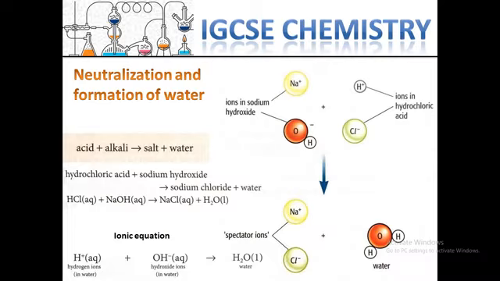Water is a result of a reaction between hydrogen ions, which can be produced from the acid, and hydroxide ions, which are a result of the alkali. I mean the basic reaction between acid and alkali gives us salt and water.